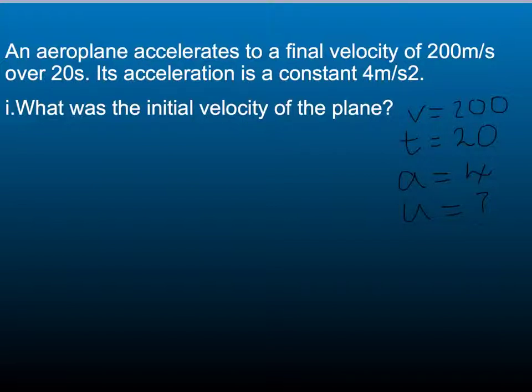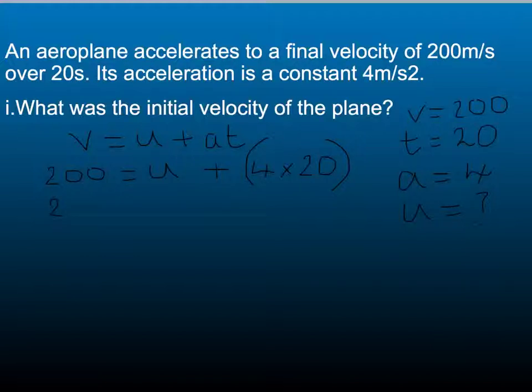So with this question, the best one to use is v equals u plus at. We start putting our numbers in here. We've got v, which is 200, equals u, which is our unknown, plus a, which is 4, times t, which is 20. Now remember that you need to do that bit first because it's a times t.